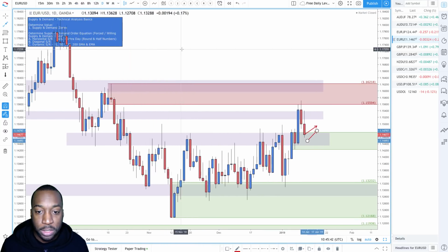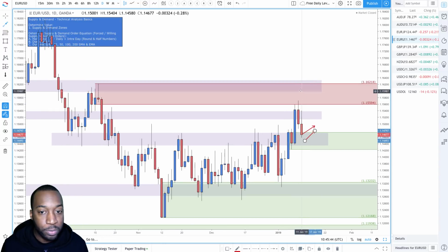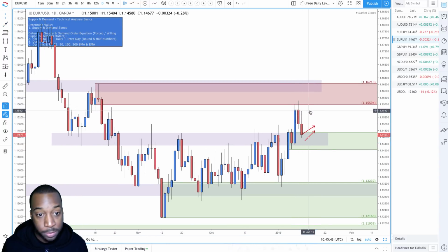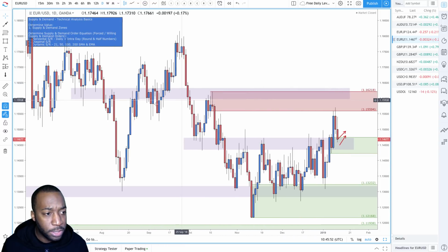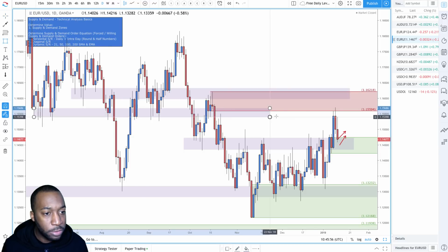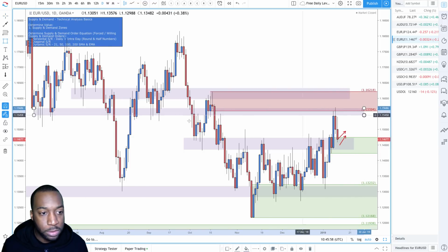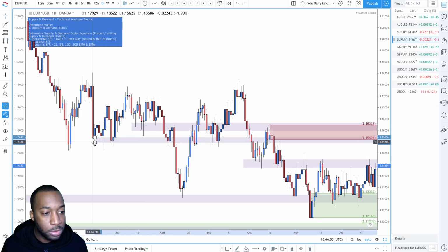If you are looking to sell, prices did react off of this supply zone here. I can delete this. And let me actually have a quick look. I think there is also an area of support and resistance.